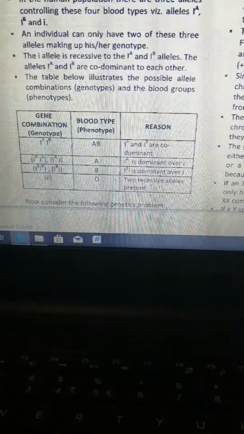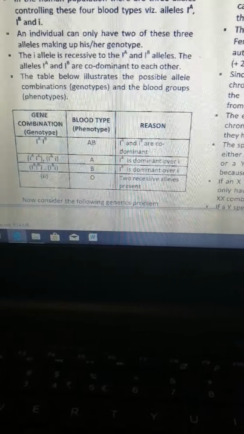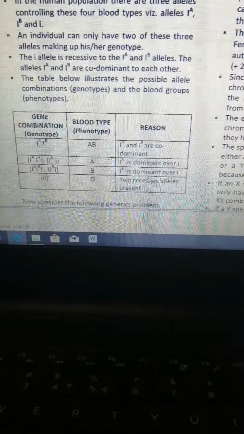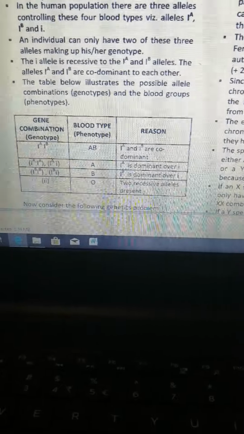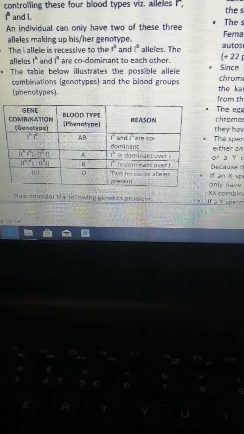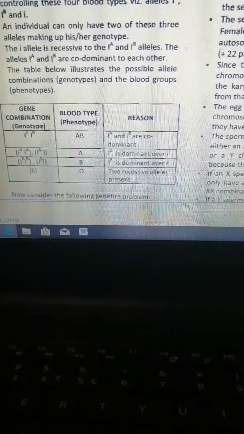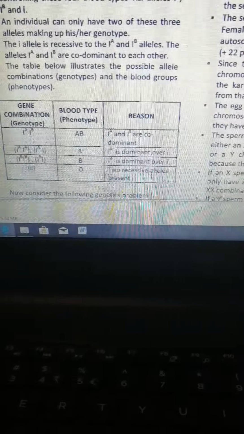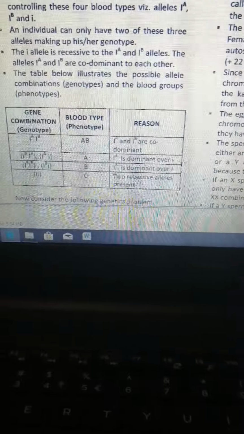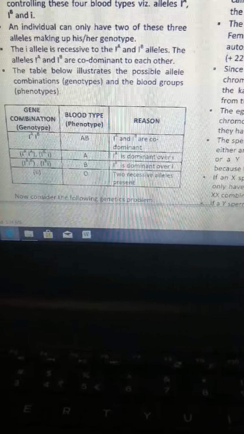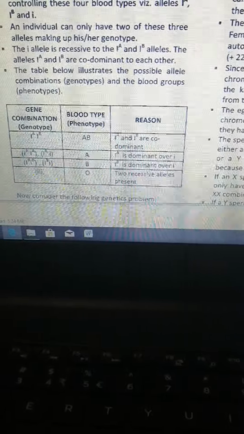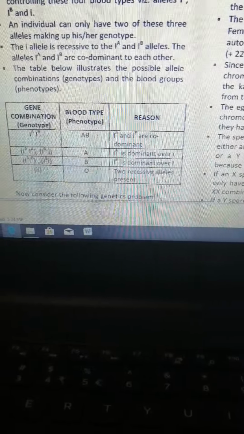A person with blood type B can have the genotype I to the power B and I to the power B, or capital I to the power B and a small letter i. But a person with blood type O will have the genotype double small letter i. Why? Because these two alleles are recessive.